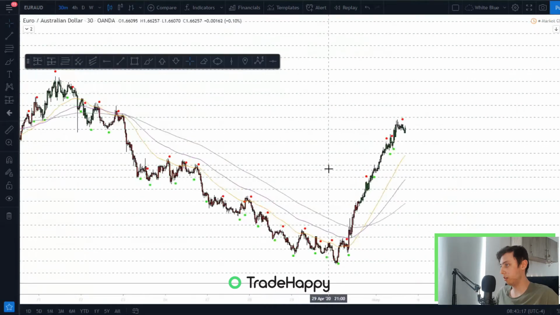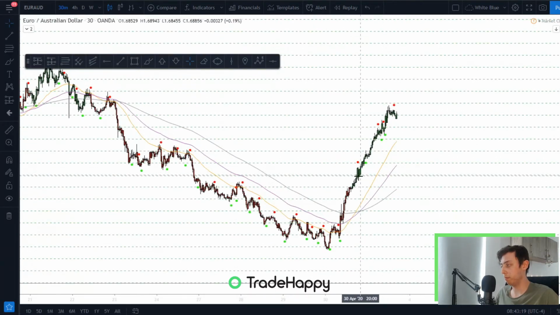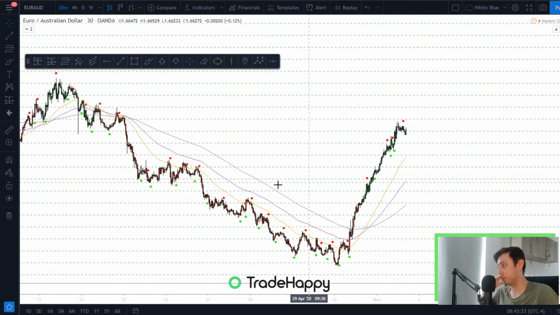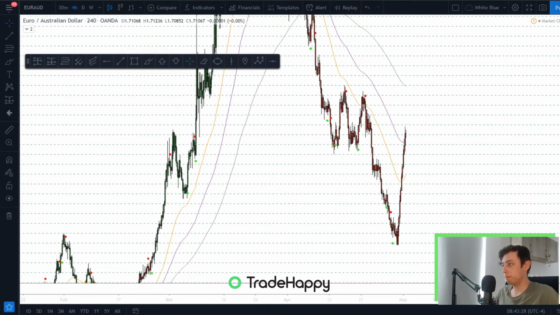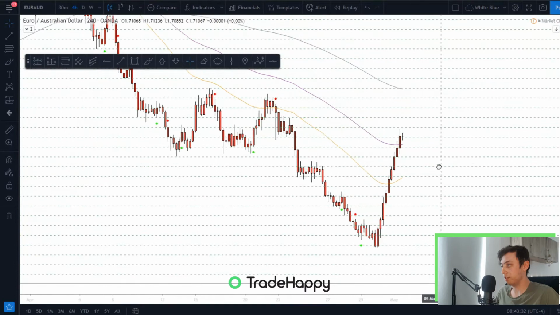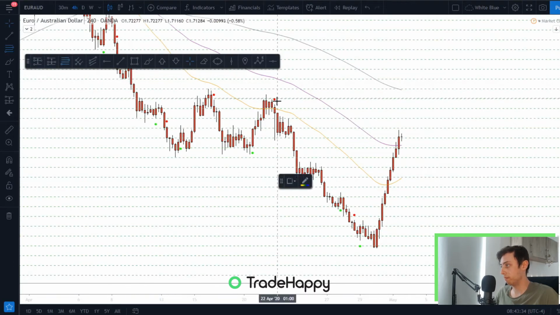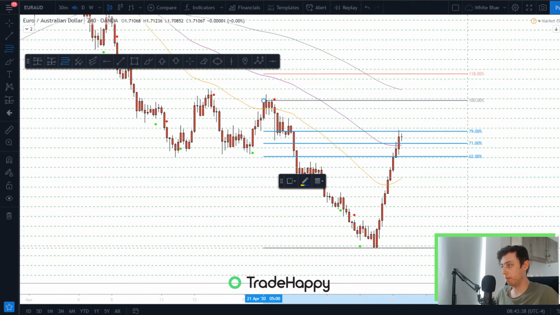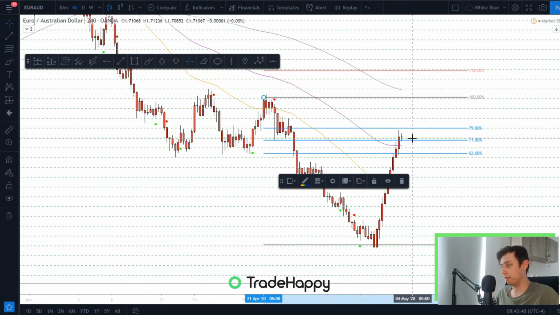So looking at the euro, we've had a big move up and we're coming up to that level where we were last time, where we had that good move down. So if we go into the 4-hour, this could be an opportunity to do a short position from this high down to this low, and we're at that 70 mark.